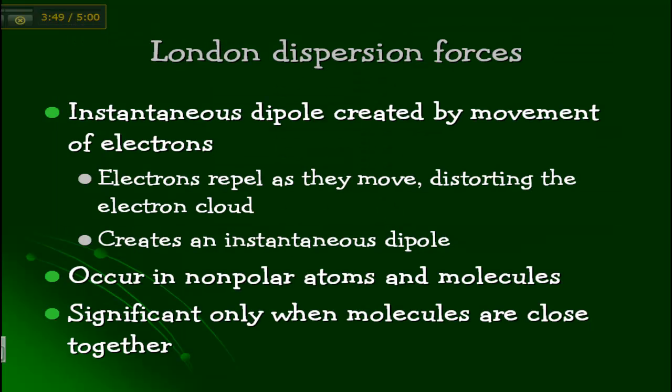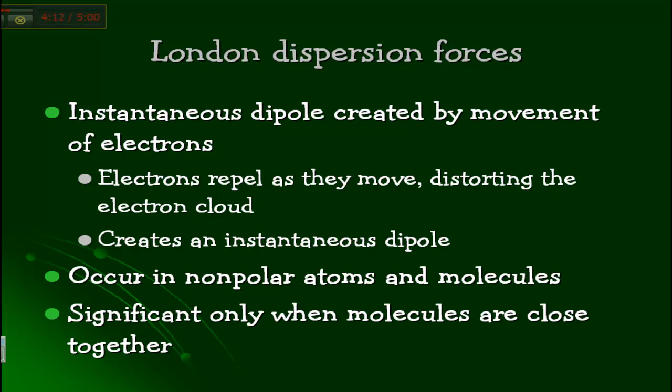London dispersion forces, you might hear these called instantaneous dipoles. This is where your electrons repel as they move, and they distort the electron cloud. These occur in nonpolar atoms and molecules, and they're only significant when your molecules are close together.